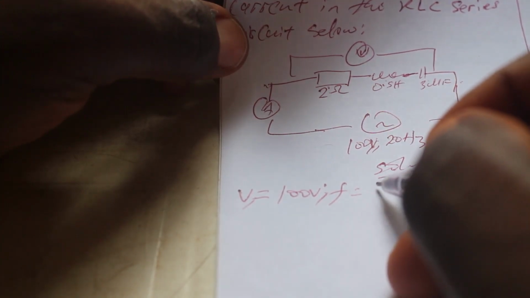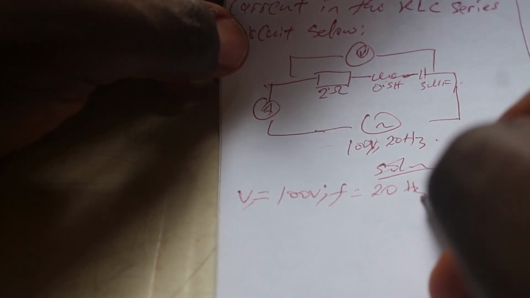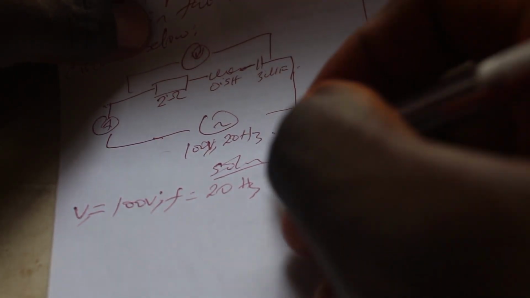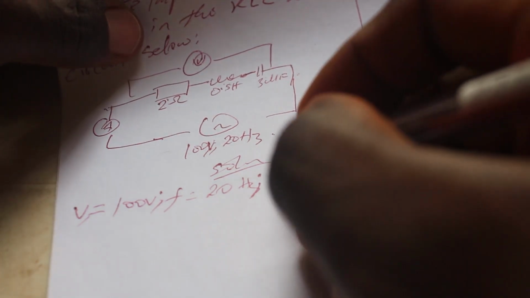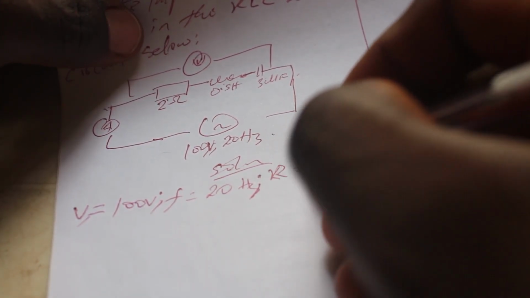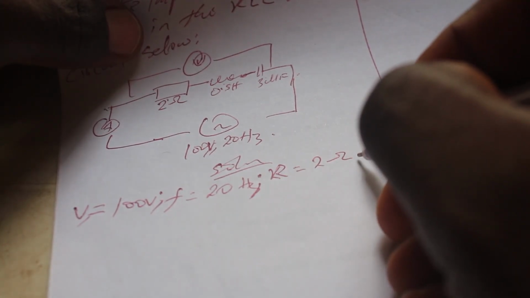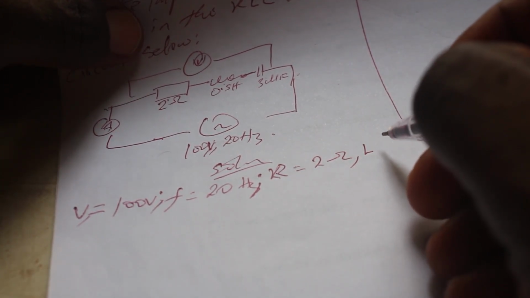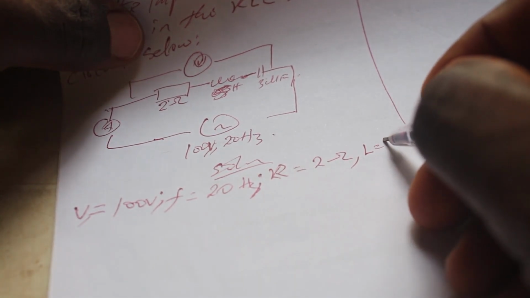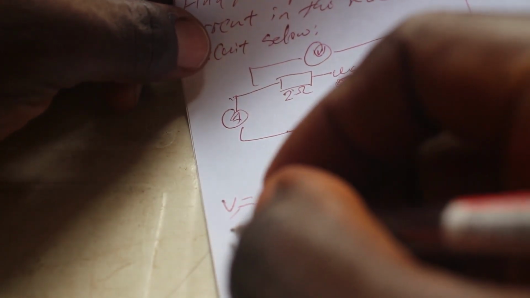The frequency of the source is 20 hertz. The resistance of the resistor is given as 2 ohms. The inductance of the inductor is given as, let's say, 5 henries. The capacitance of the capacitor is 3 microfarad.